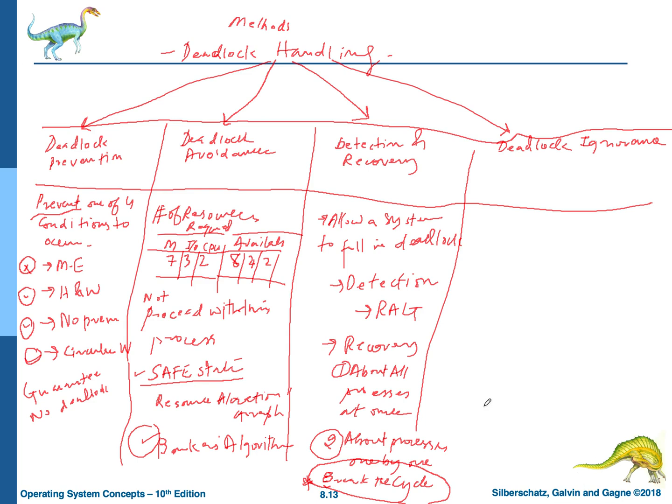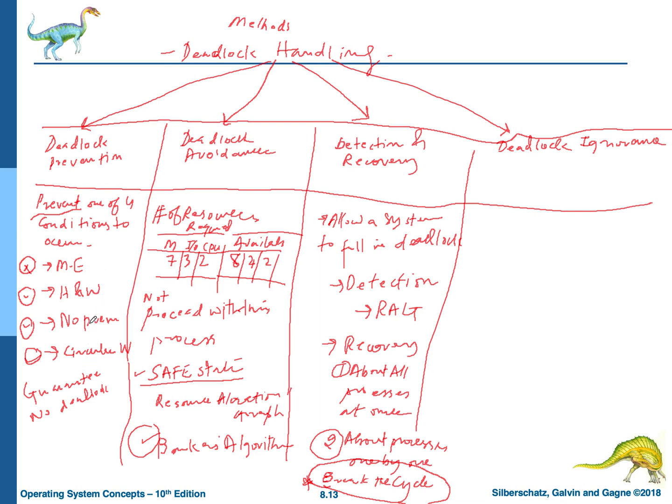Okay. Now why is circular wait very important in this? Because all of these are important actually, but this one is very critical. So the same thing we want to avoid in deadlock prevention.